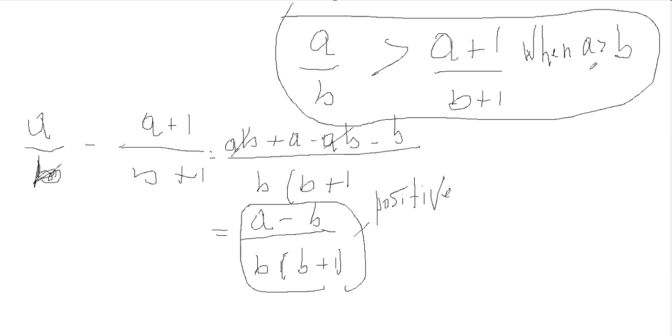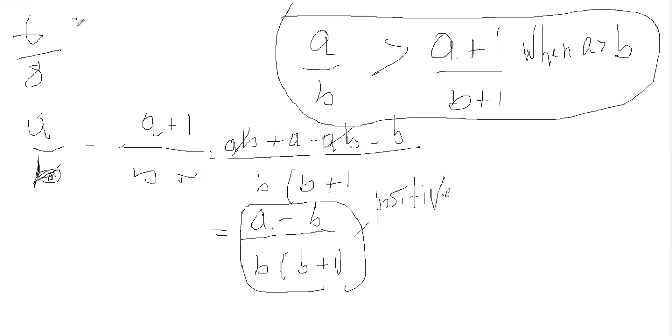Which means when A is less than B, let's take an example where A is less. Let's say I have 6 over 8.